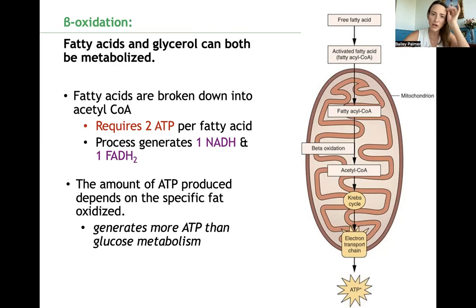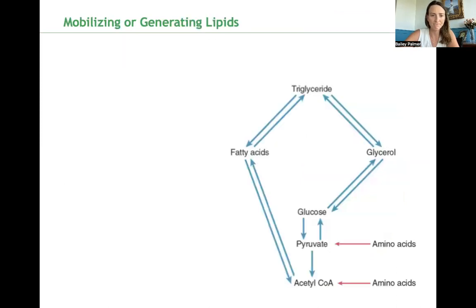Fatty acids contain anywhere from 14 to 24 carbons, compared to the 6 carbons from a glucose. So that is why fat produces more ATP. This process is a lot slower, though, just like we've discussed. Fat oxidation goes at a slower rate, so it takes longer to start up this beta oxidation. Even though we do get more ATP in the end, the rate at which the ATP is delivered into the cells is slower.